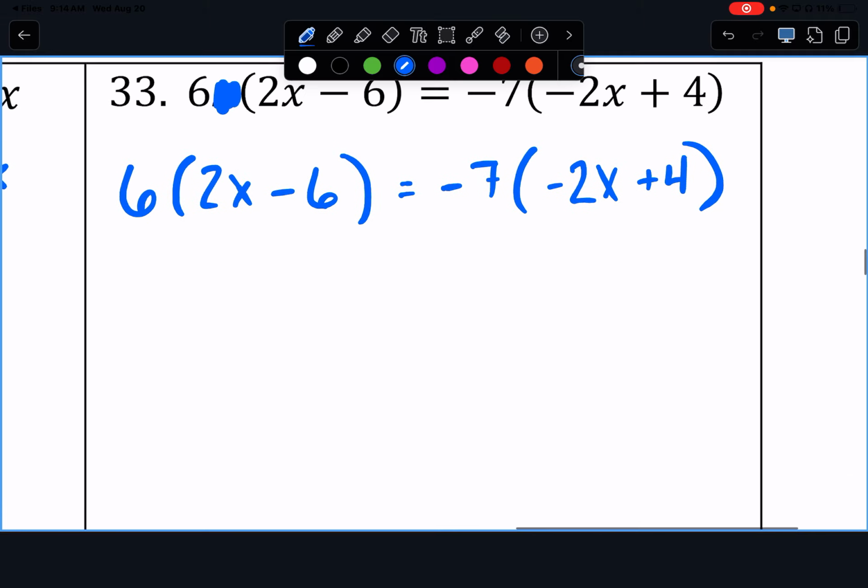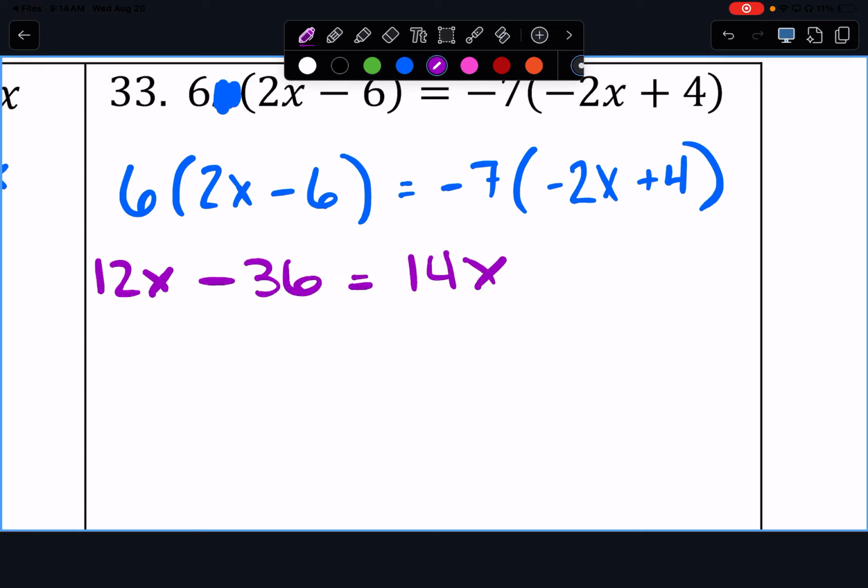All right, so for 33, what should the next line of 33 be? From there, what do we need to do? Which one do we want to move? Can subtract 12. We could really move any of them, so we're good.